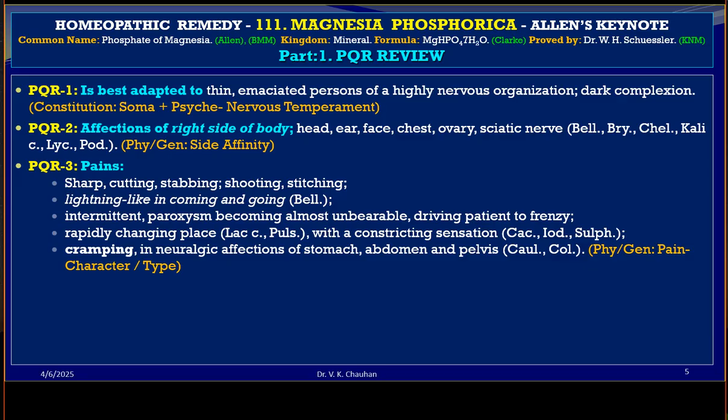These are all hollow viscera and they have involuntary muscles in them. So when the involuntary muscles contract, they cause cramping pain. Or hollow muscles, when they contract, they cause colicky pain. This colicky pain is a specialty of Magnesia phos.